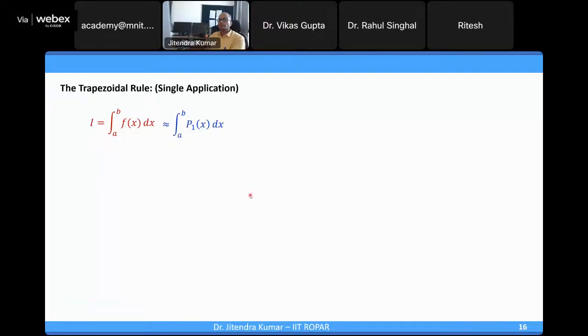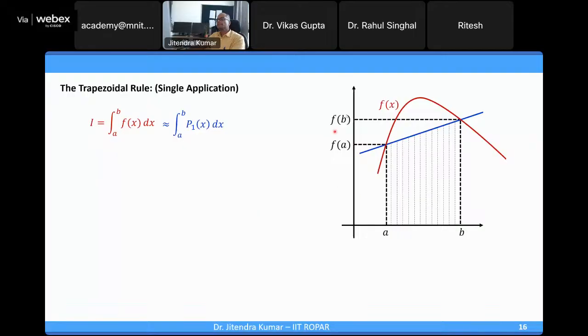So the idea here is that suppose you have this function f(x) given between a and b. The value at a is f(a), the value at b is f(b), and we want to approximate this by a polynomial of degree 1, that is, a linear polynomial, which is given here by this blue line that will fit these two data points.